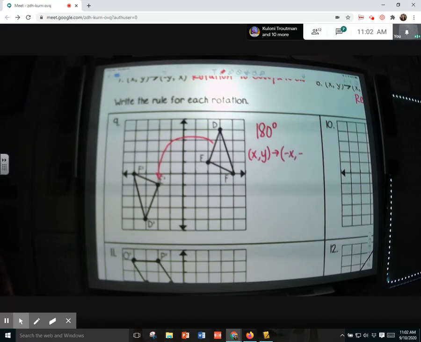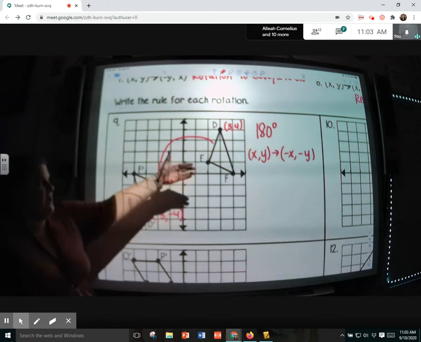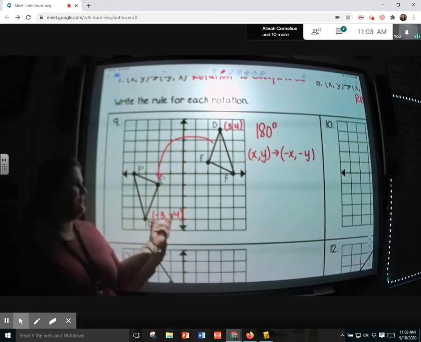And I could find that just by looking at the coordinates of a point and its prime. D is at (3, 4). D prime is at (-3, -4). So I could just find the rule off of that. I may not know that it's a 180 rotation, but I could write a rule based off of where it starts and where it ends.